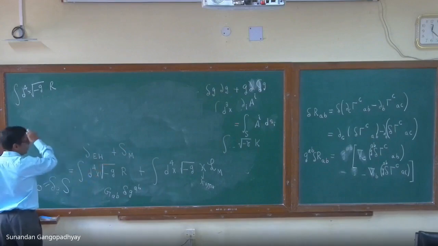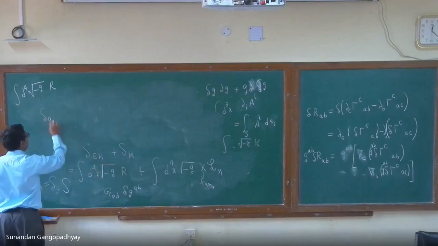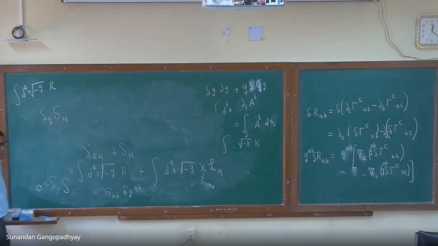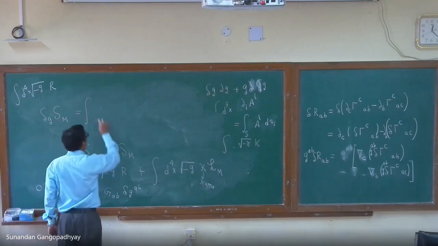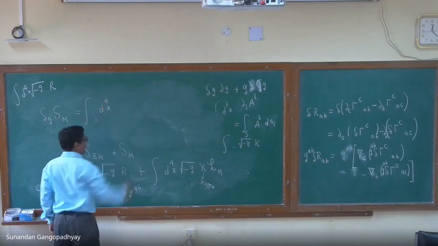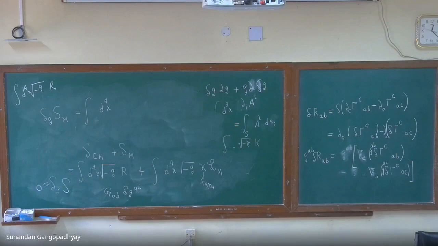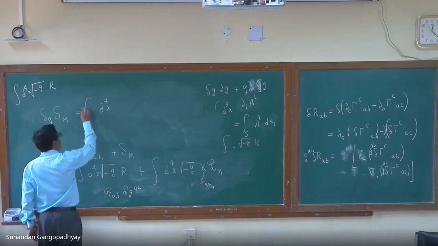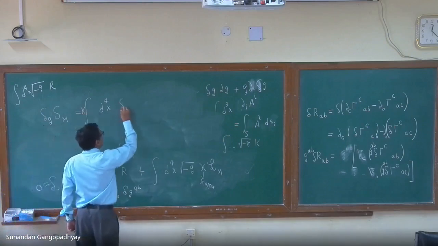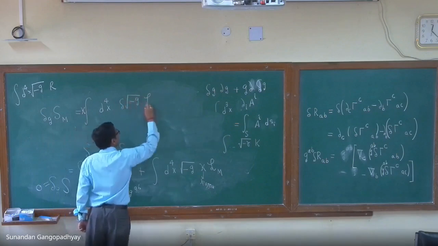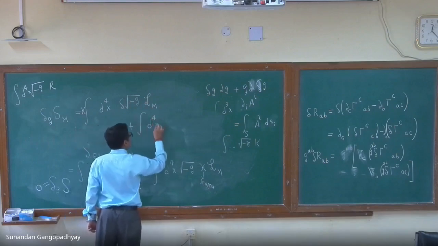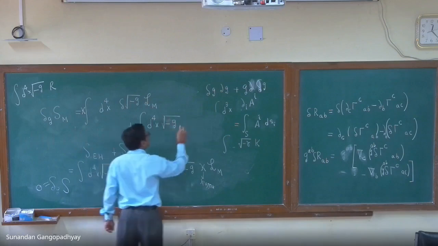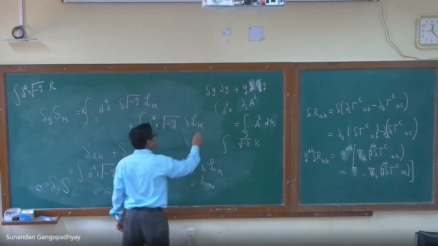So let us start from that part. We want to calculate delta of S_M, the matter part of the action, with this kappa, the coupling constant, delta of square root minus g L_m plus two terms.